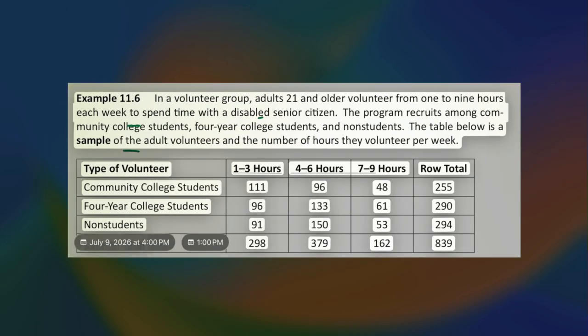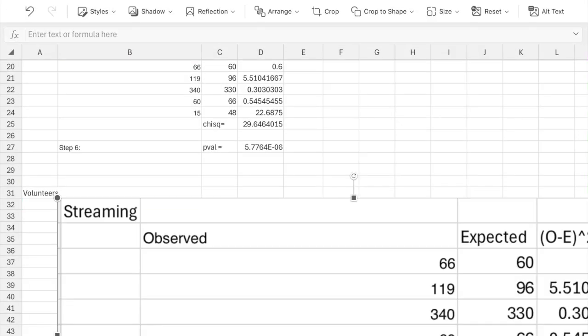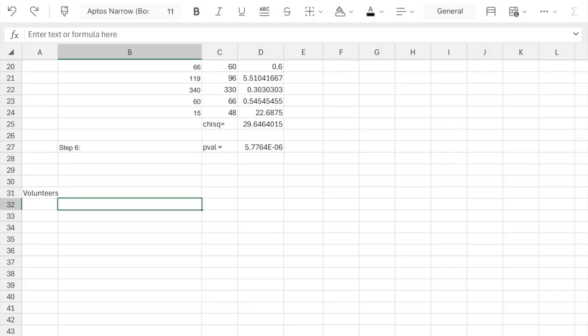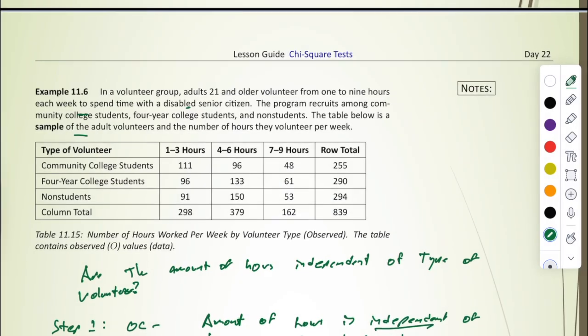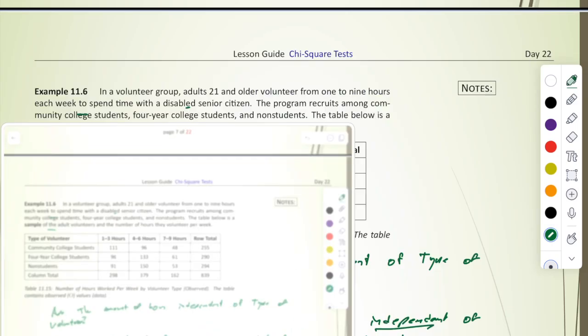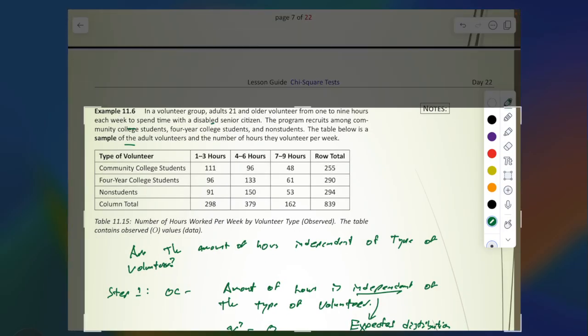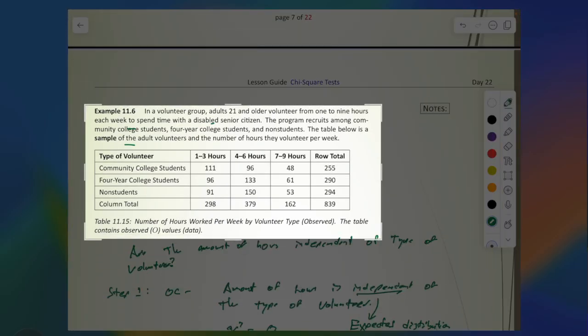Oh, look at that. Can I copy that? Command C. No. Let's try this again. Let's go like that.